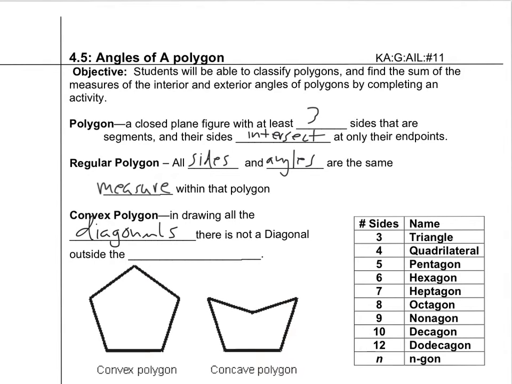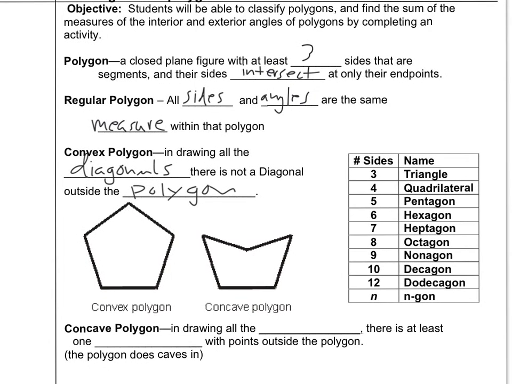A convex polygon is one where, drawing all the diagonals, there is not a diagonal outside the polygon. So for example, diagonals connect any vertex to another vertex, any corner to another corner. I can't draw a diagonal here where it goes outside; all of them stay inside.